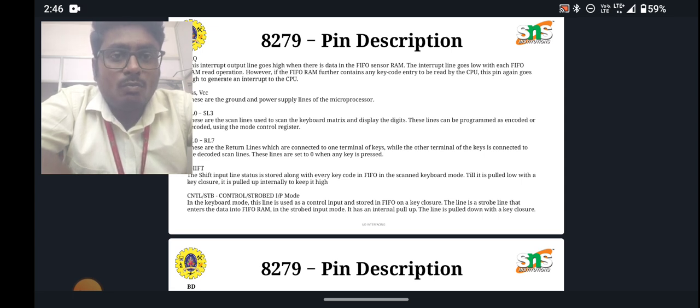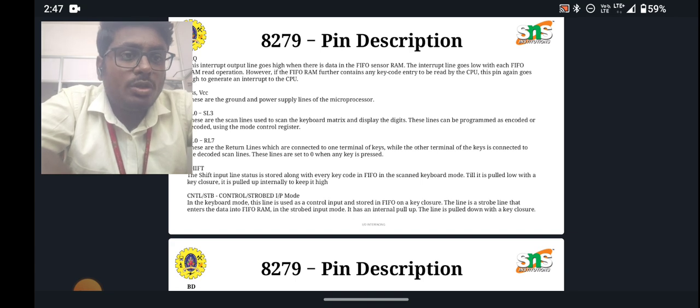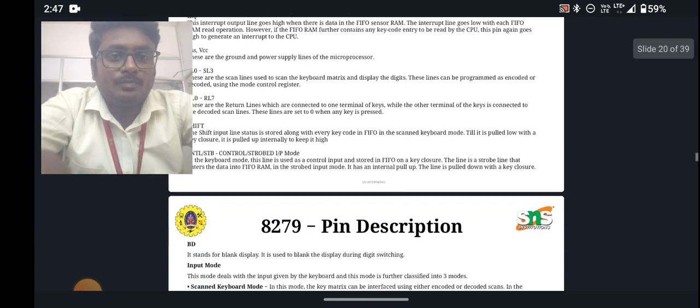In the keyboard mode, this line is used as a control input and stored in the first in first out on a key closure. The line is a strobe line that enters the data into a first in first out RAM. In the strobed input mode, it has an internal pull up. This line is pulled down with the key closure.